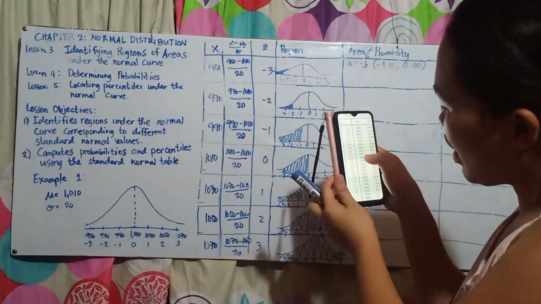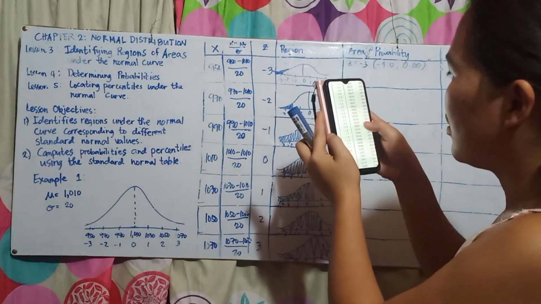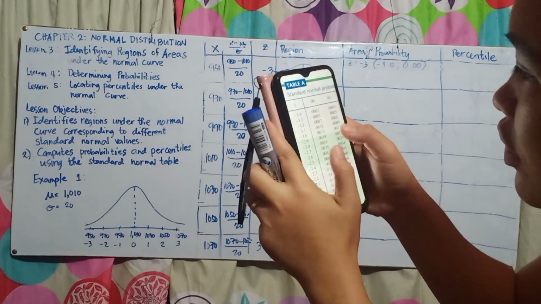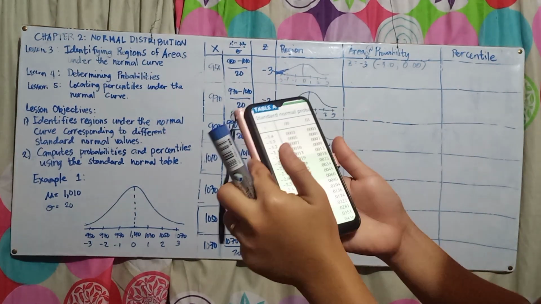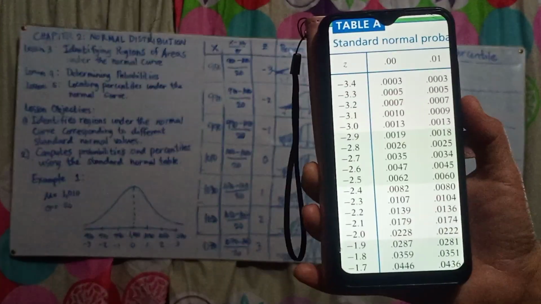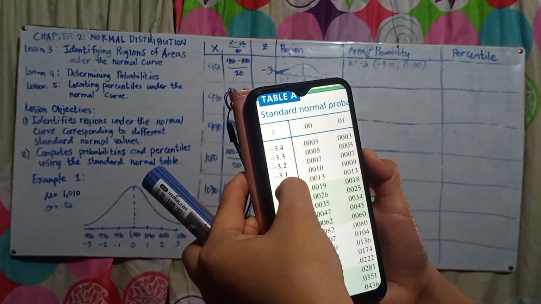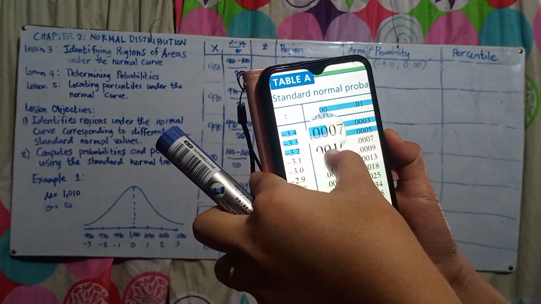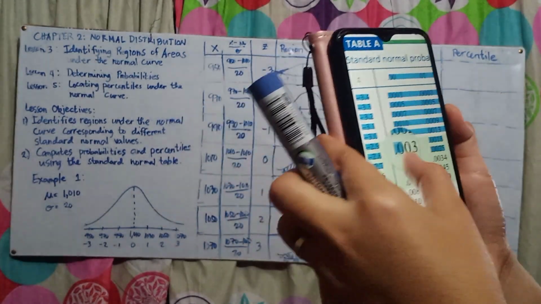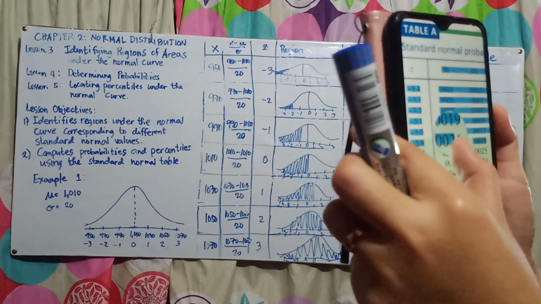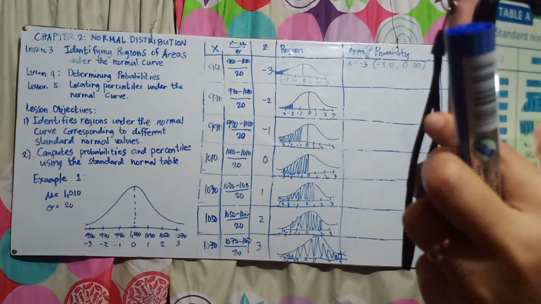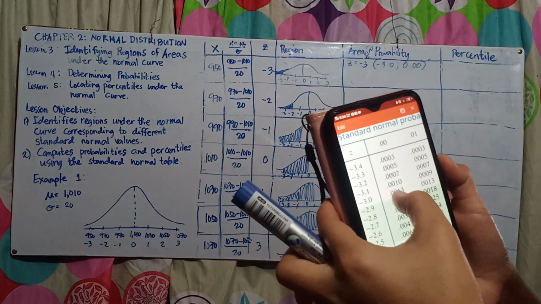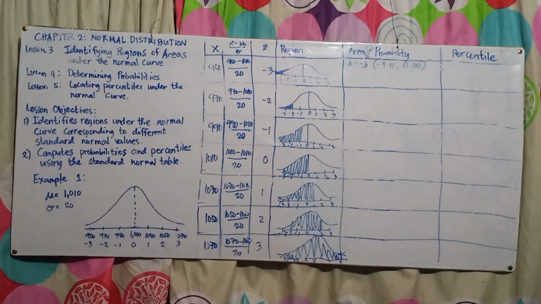So, pangitaa nimo ang negative 3. O, ari. Negative 3.0. So, negative 3.0 karin man. Tapos, 0.00 dira. So, kung asa na sila mag-meet, so, negative 3.0 and 0.00, 0.0013.